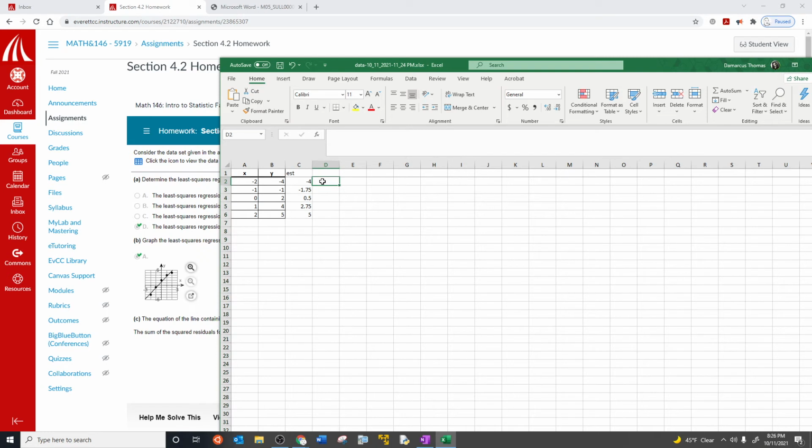So we're going to do equals this minus this. Now it's time to square.